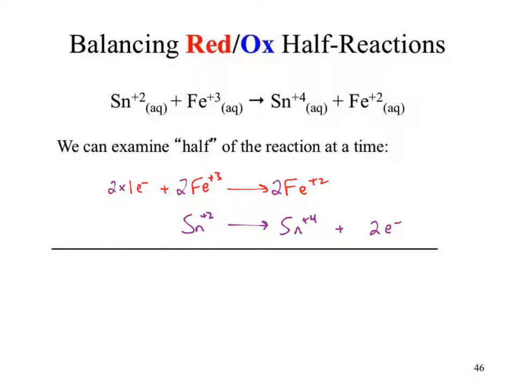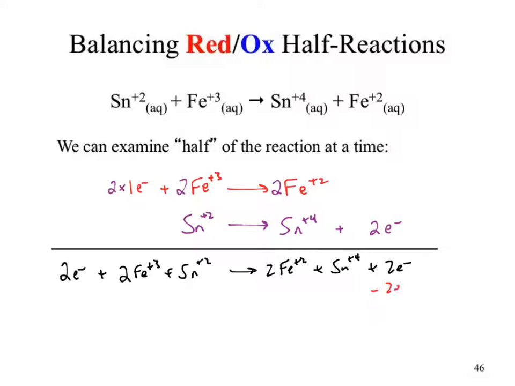If we now add all this stuff up, I get 2 electrons plus 2 iron +3s plus 1 tin +2 goes to 2 iron +2s plus tin +4 plus 2 electrons. The electrons show up the same on both sides of the equation, so what can I do? I can subtract 2 electrons from both sides of the equation. I'm just going to cross those out because they're canceled with each other.